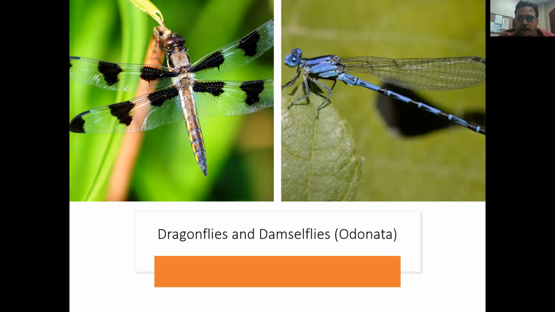Their larvae, or the naiads for the dragonflies and damselflies, are kind of alpha predators for the invertebrates in aquatic systems. If you ever want to tell the difference between a dragonfly and a damselfly, that's really easy to do. The dragonflies have their wings held out to the side. They can't fold them back over their back. The damselflies do keep their wings folded back like you see in the picture there.